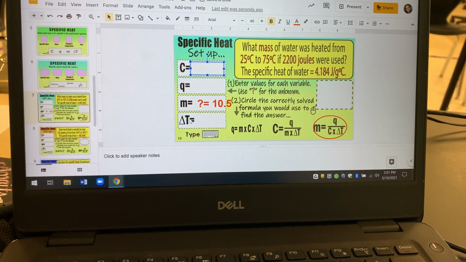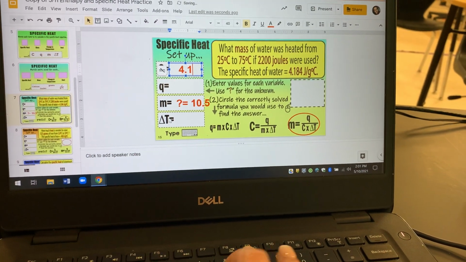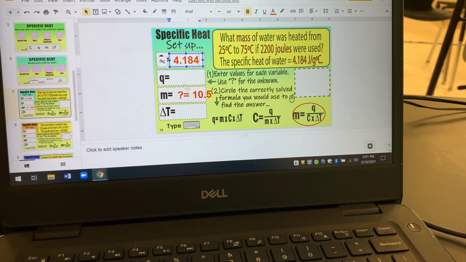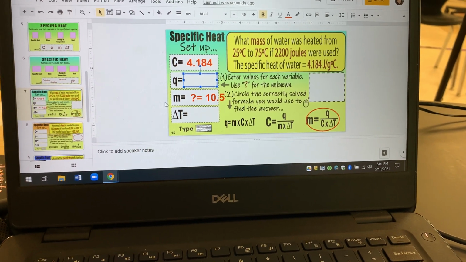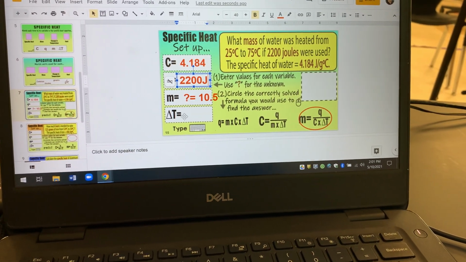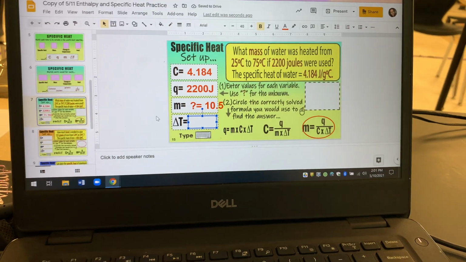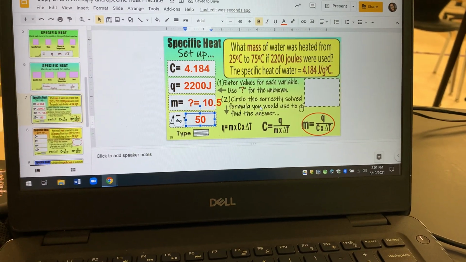All right, so our C was 4.184. And don't worry about the units, guys. I know it can be a pain to write down the fraction on there. Q, 2,200 J. And then temperature, we said, was 50 degrees Celsius, right?